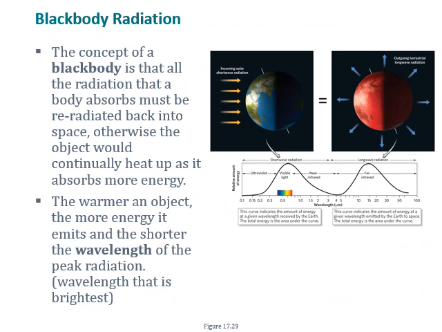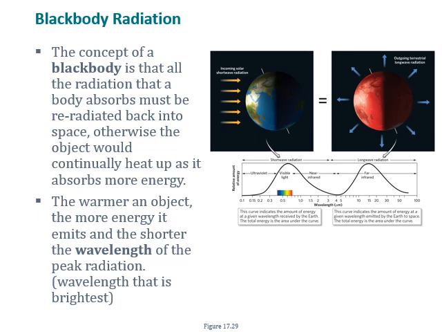Understanding radiation in the electromagnetic spectrum of Earth's atmosphere is important for a number of reasons. One of them would be the idea of blackbody radiation, which is the idea that all the radiation a body absorbs must be re-radiated back into space, otherwise the object would continually heat up as it absorbs more energy.